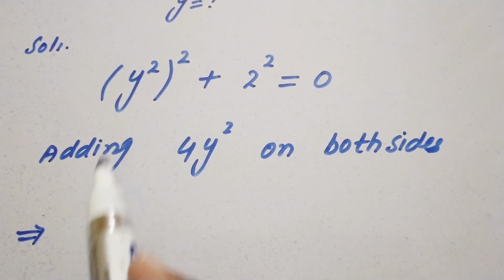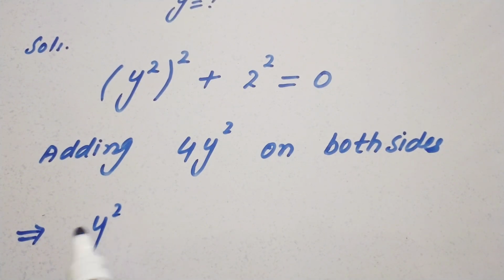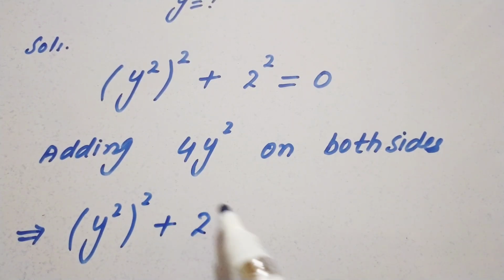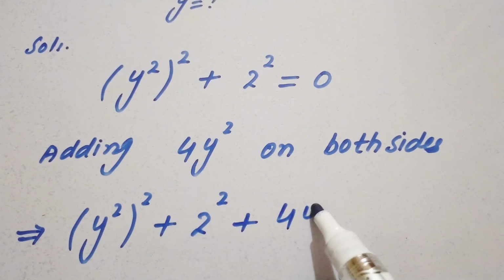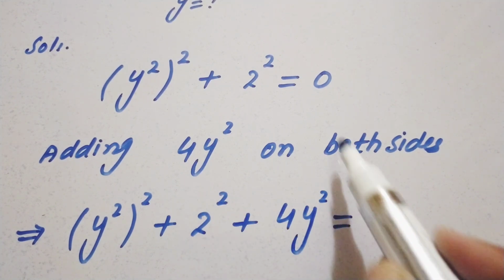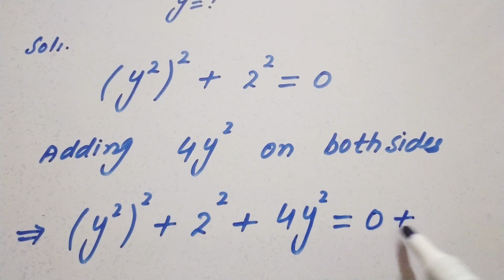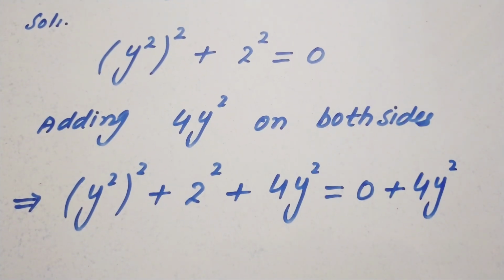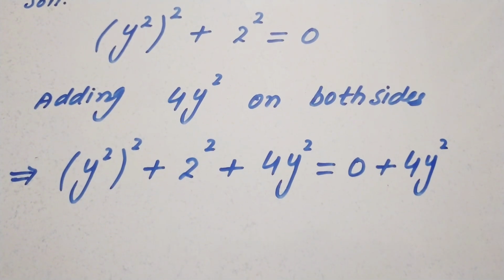This implies y square whole square plus 2 square plus 4y square is equal to 0 plus 4y square. Added 4y square on both sides.